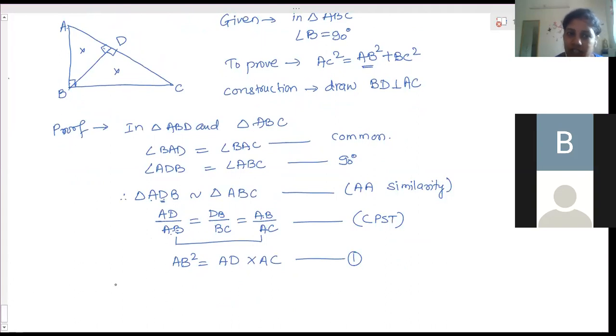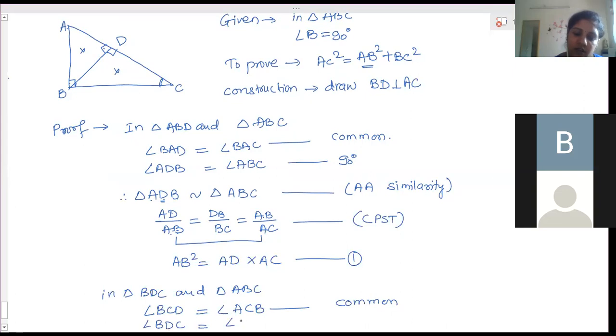Now the second part, the lower triangle BDC. We have to prove it similar to ABC. In triangle BDC and triangle ABC, the same similarities are there. Only the common angle will change. Angle C is common to both triangles. So angle BCD is equal to angle ACB, the common angle, and angle B and angle D are 90 degrees.